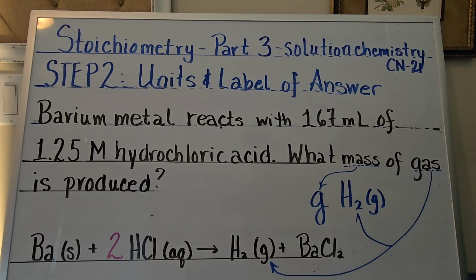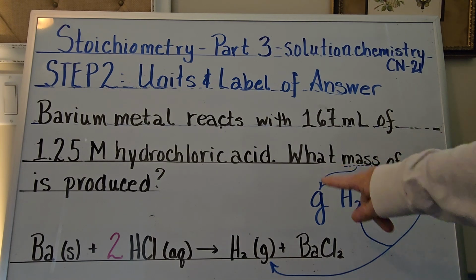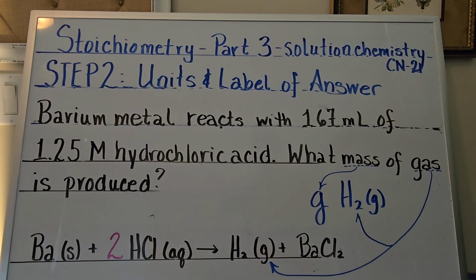I can just say mass of gas, but it'd be much more useful in calculating to do grams instead of mass. And what is the gas? Well, we're only producing one gas, and that's hydrogen gas, which I get from my reaction. So grams H2 gas is the units and label of my answer. I'll be using this in step 5 when I do my calculations.